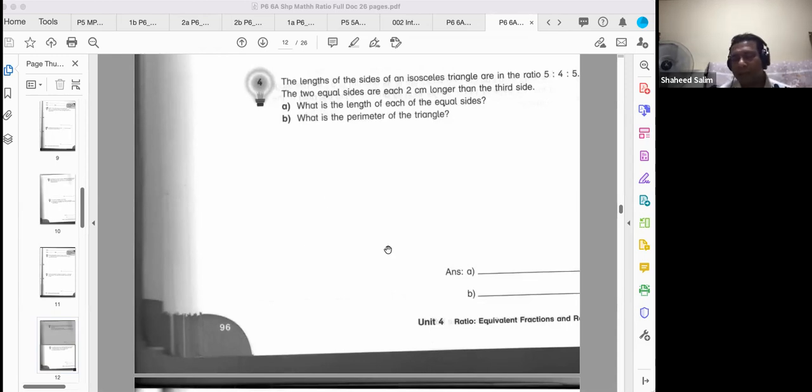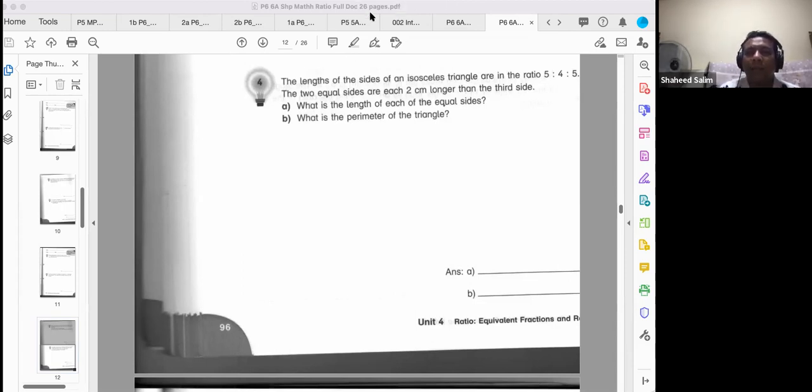Yeah, plus. Okay, yeah. They didn't ask you, Hilwa. They asked what is the length of each side. Okay, so your answer, the first number is correct.